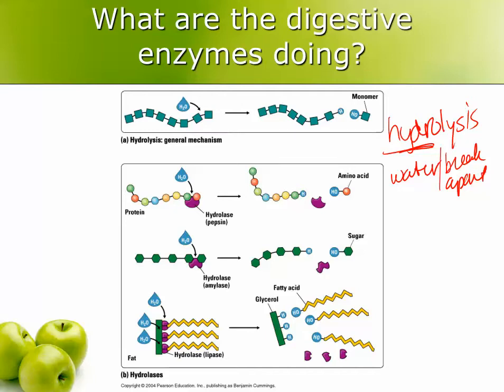So here on this first one, we have a protein being broken down. The second one, we have hydrolase breaking down amylase, right? So amylase is what? Right, that's a carbohydrate. And then we have lipase, and remember lipid? What was that? Yes, that was a fat.